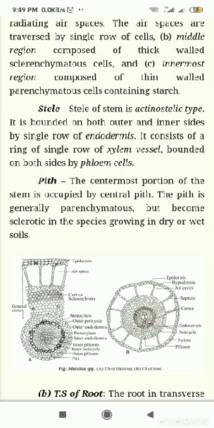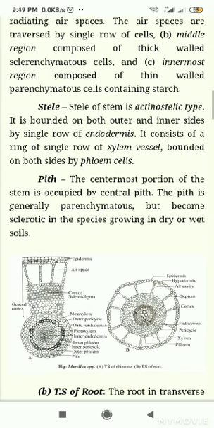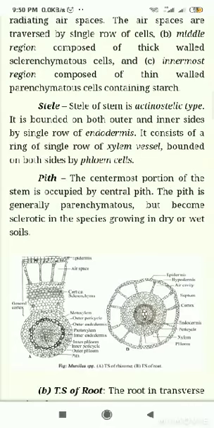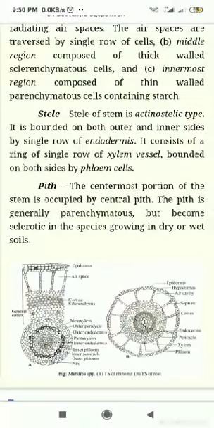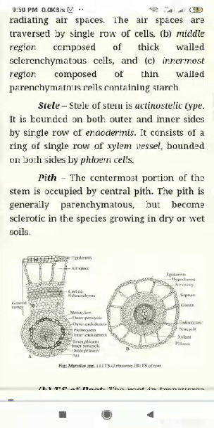It consists of a ring of single row of xylem vessels bounded on both sides by phloem cells. So this is a plant which possesses xylem vessels and phloem cells also. This is a special characteristic of land plants, which are more modified as compared to primitive pteridophytic plants.